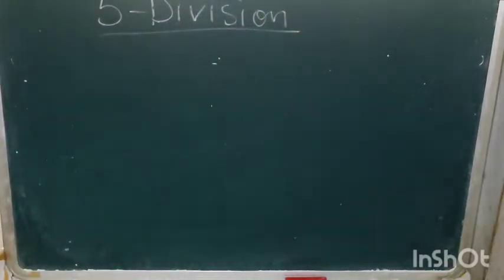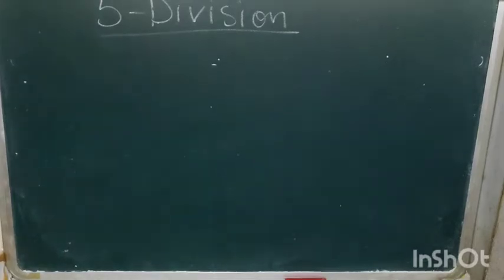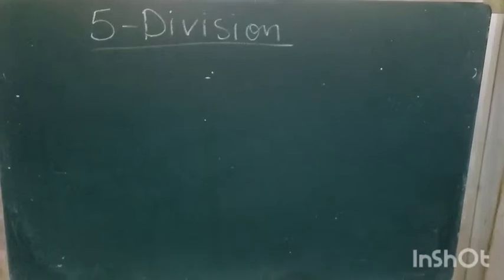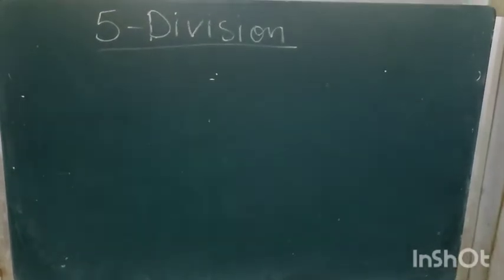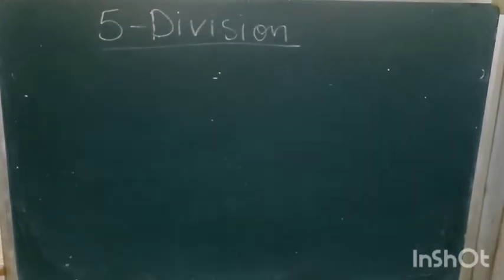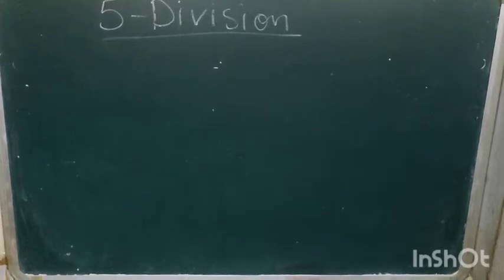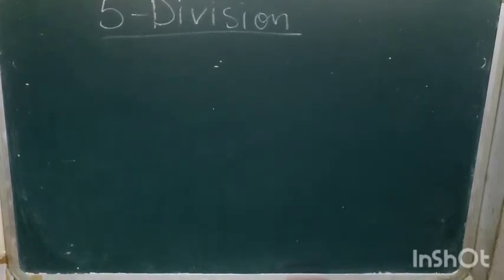If you don't know multiplication, then it will be very difficult for you to do division. So you must be thorough with the multiplication table. Children, hope you have learned very well. If you want to do division, you must be thorough with the multiplication table.